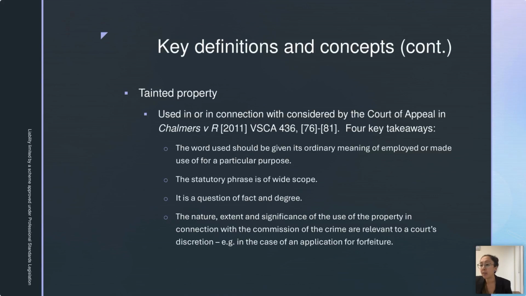Her Honour said at paragraph 1550, I am satisfied that it, that is the Seagrove Way property, was used in connection with the murder Basham committed on 23 July 2018. Indeed, it was instrumental to it. The track of the garage door was used to hang Ms. Fraser.